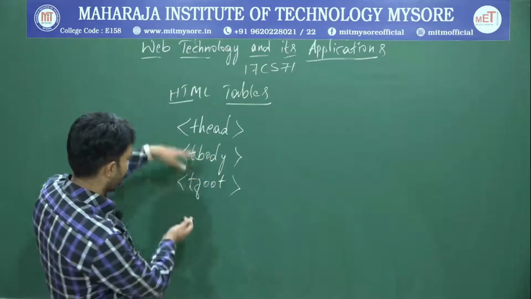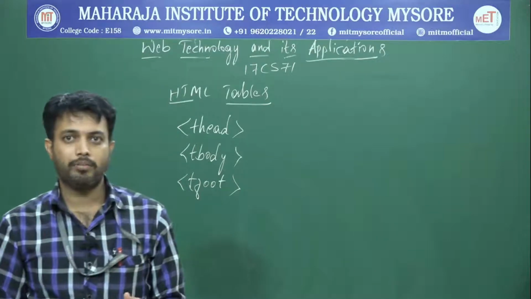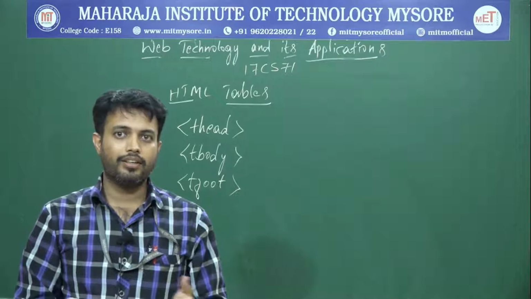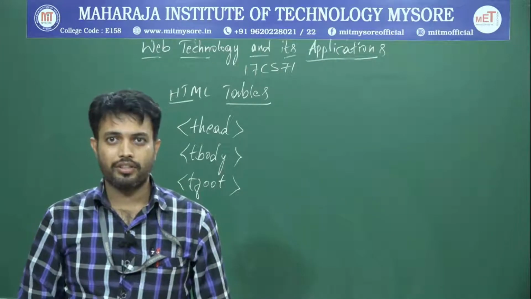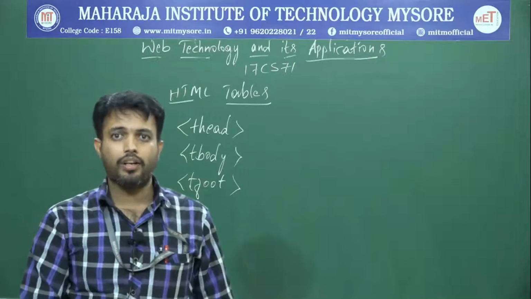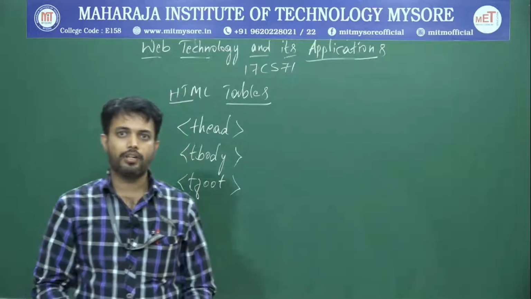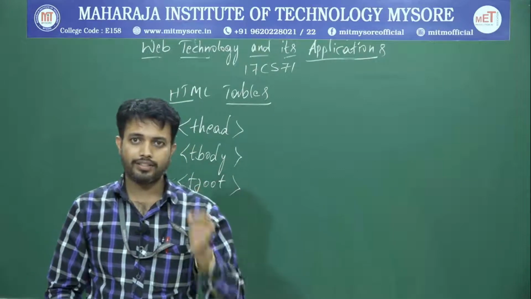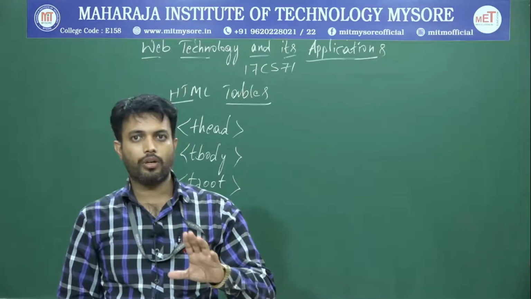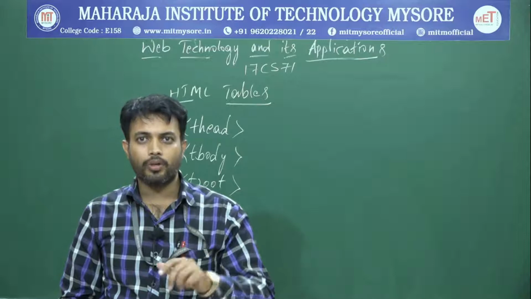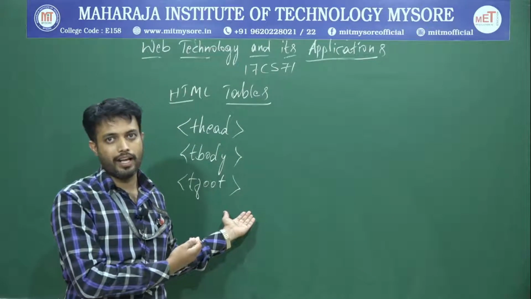These tags help divide the table into sections, so we can apply our own style to each section: one style for the header, one for the footer, another for the body. I will take the last session's example and modify it slightly to help you understand what these sections are and why we need these section tags.